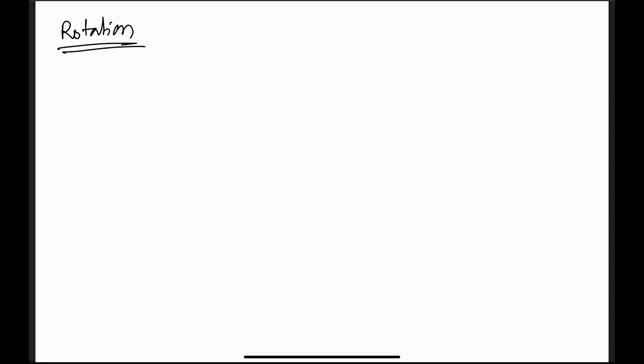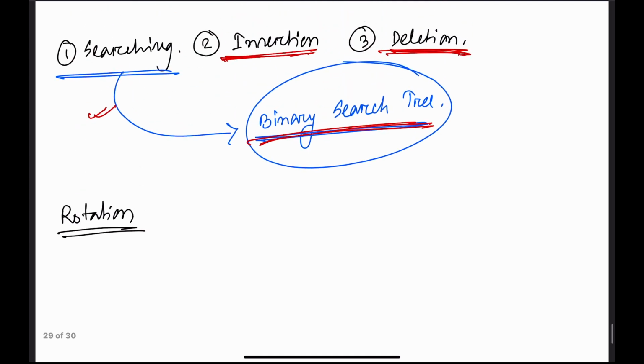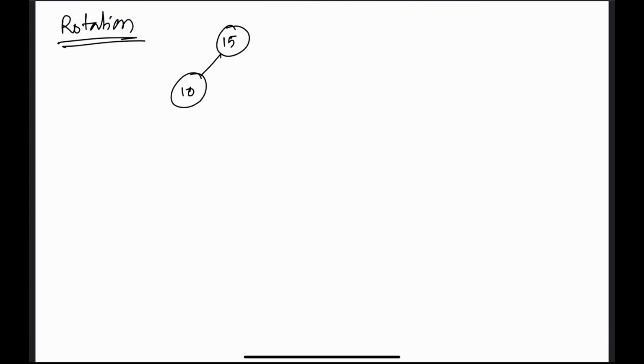After insertion or deletion operations, the balance factors of the nodes are affected and the tree might become unbalanced. For example, here the balance factors would be 1, 2, minus 1, 0, 1, 0.